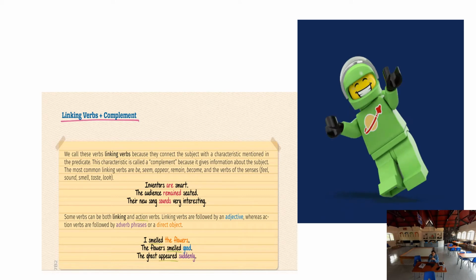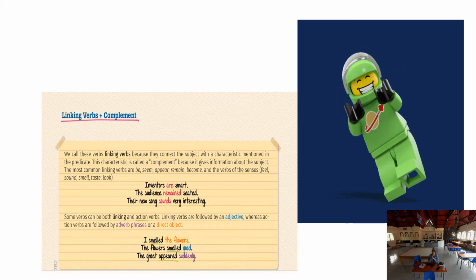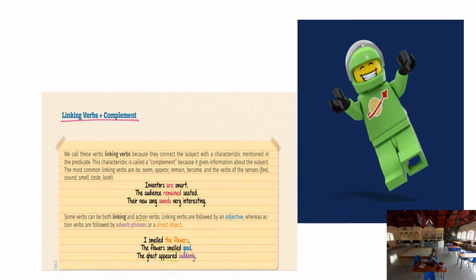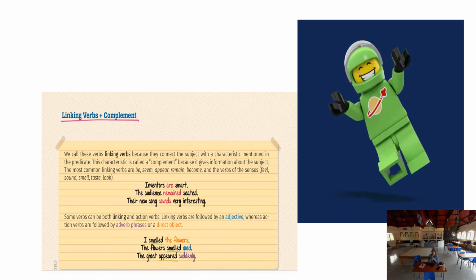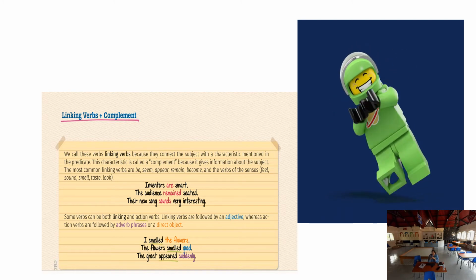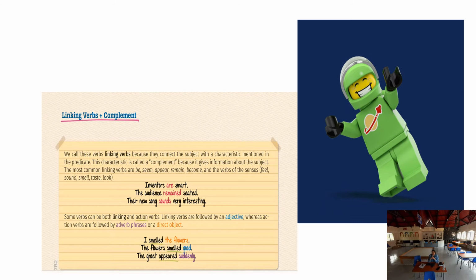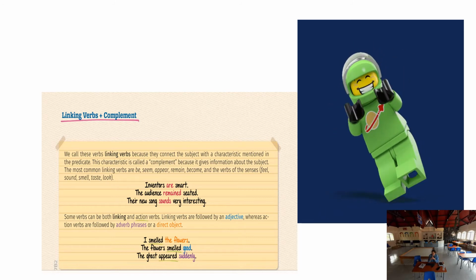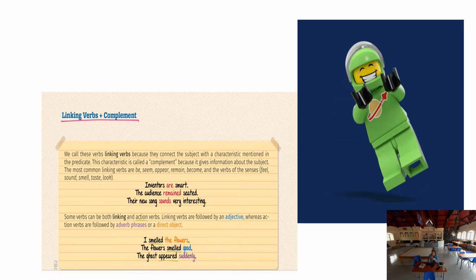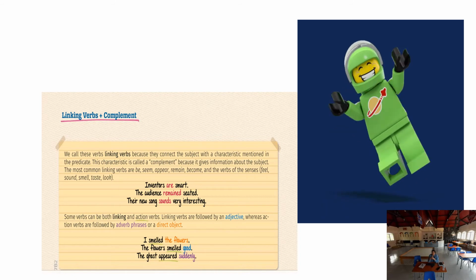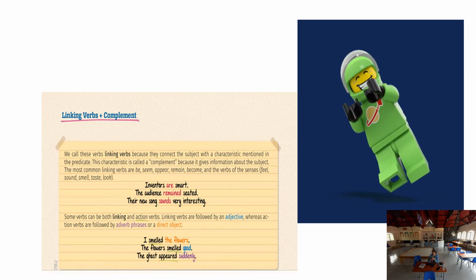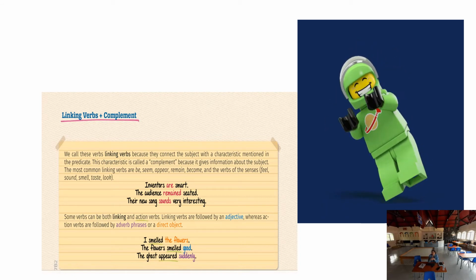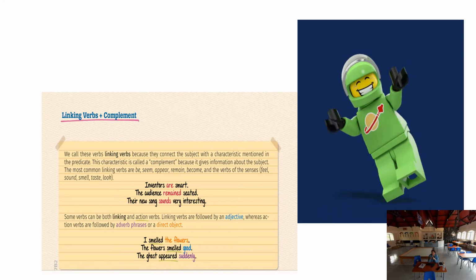Some linking verbs can also be action verbs. So look, linking verbs are followed by an adjective, whereas action verbs are followed by an adverb phrase or a direct object. Look at the examples.